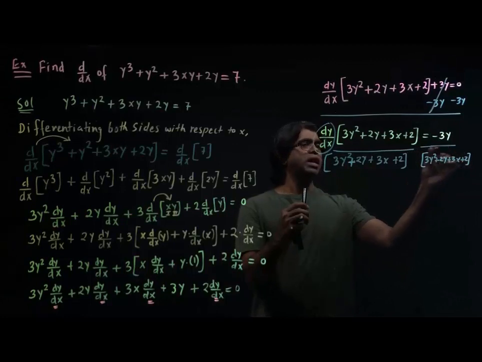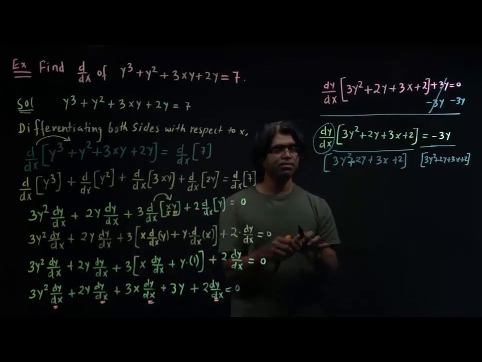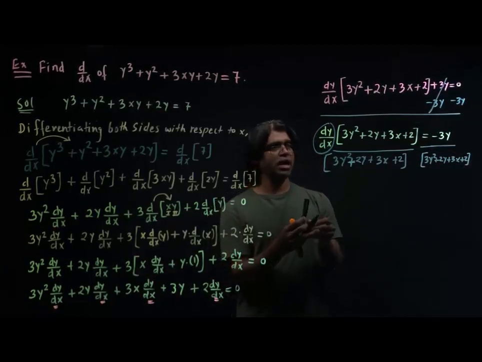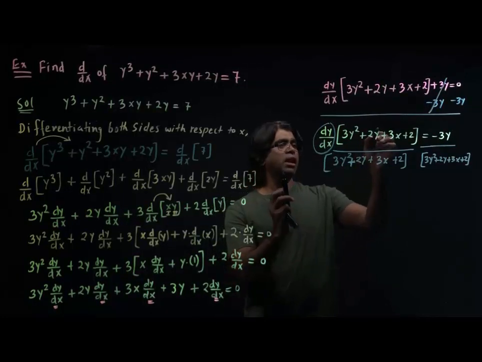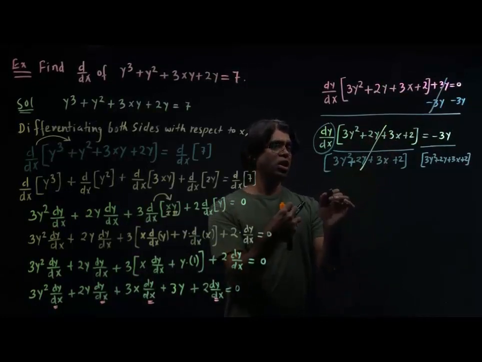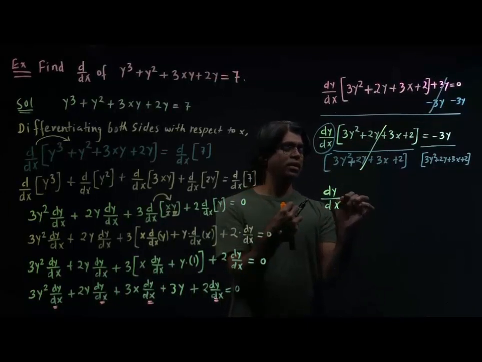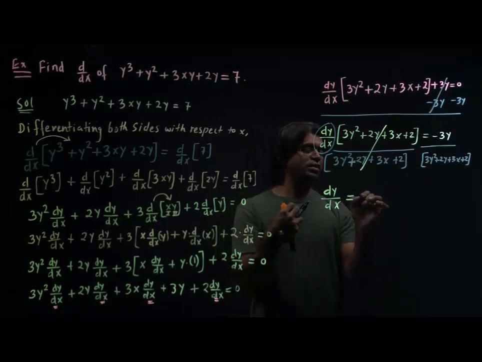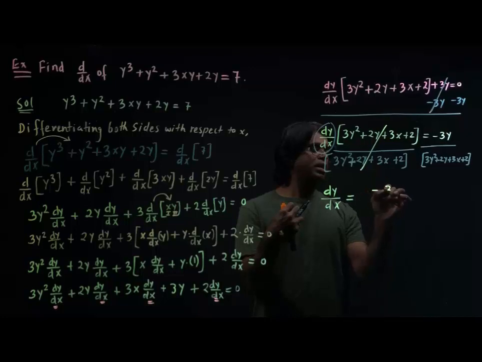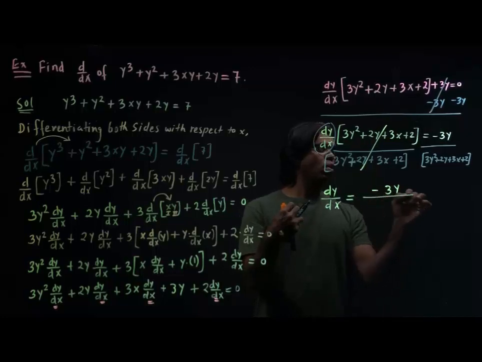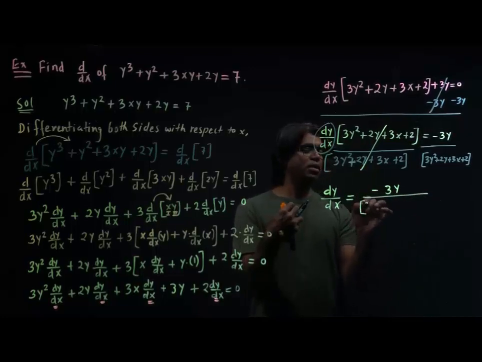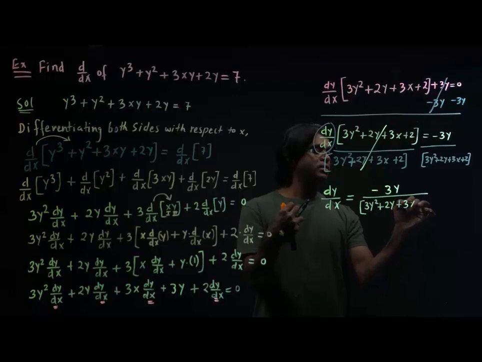And if I do that, as you can see, on my left side this term is gone, so I am left with dy over dx, that is equal to, on the other side, negative 3y over 3y squared plus 2y plus 3x plus 2, right?